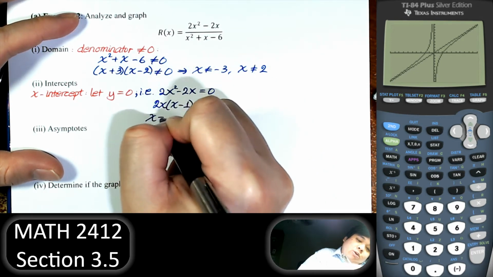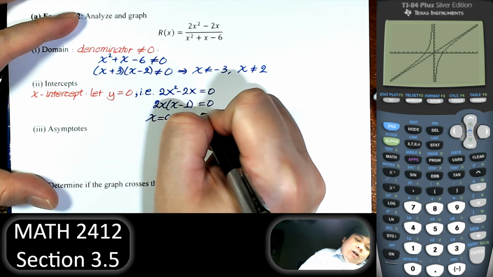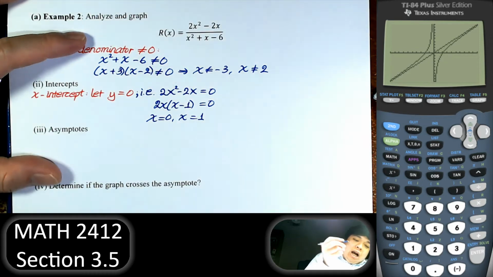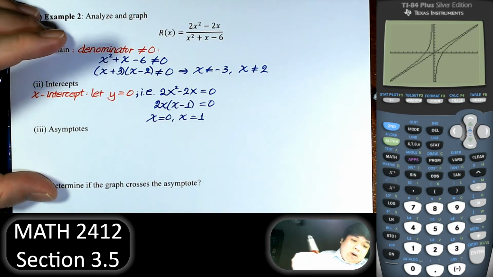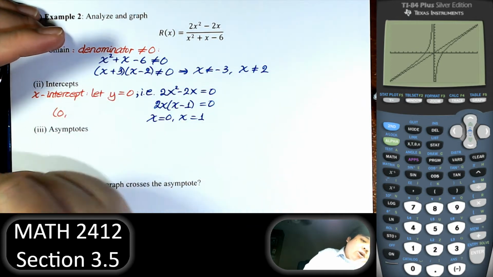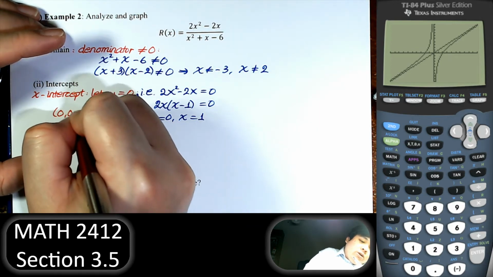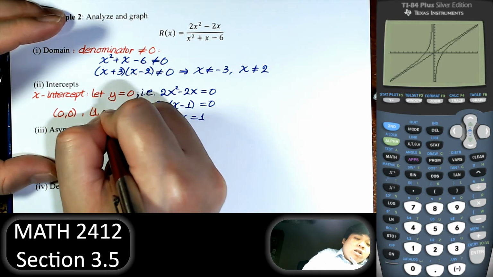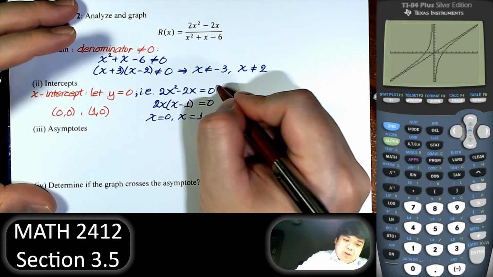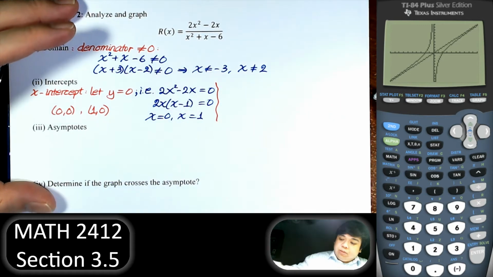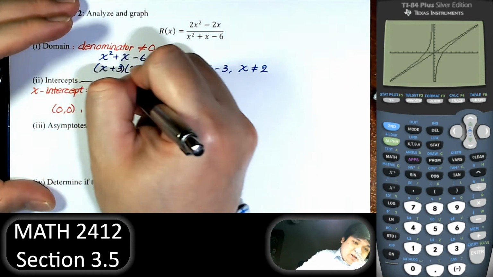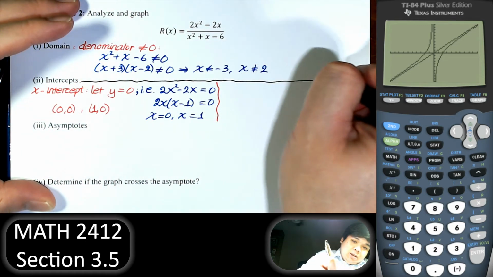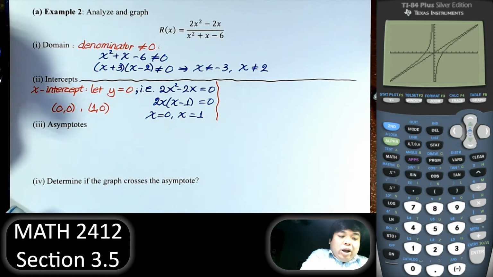So x equals 0 or x equals 1, so there will be 2 x-intercepts. When x equals 0, y equals 0, and when x equals 1, y equals 0. So 2 x-intercepts.